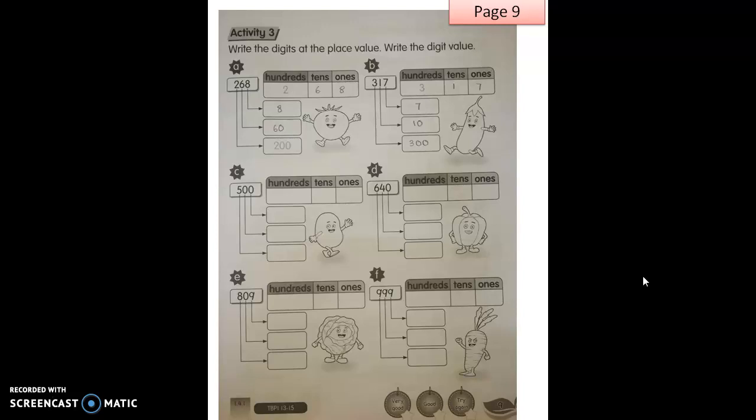Next, page 9, activity 3. Write the digit at the place value. Write the digit value.